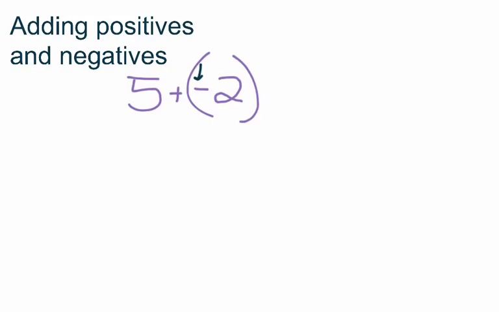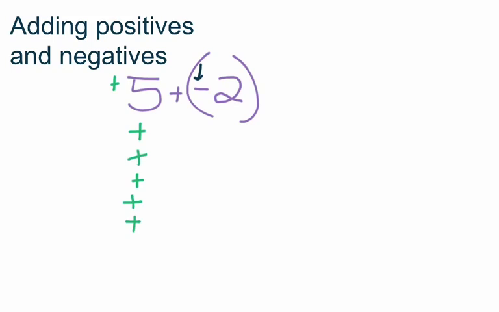The first strategy I'm going to recommend for this problem only really works with smaller numbers, but it's really good for getting that initial understanding of adding positive and negative numbers. Directly underneath the 5, I'm going to draw 5 positive signs, because that's +5.